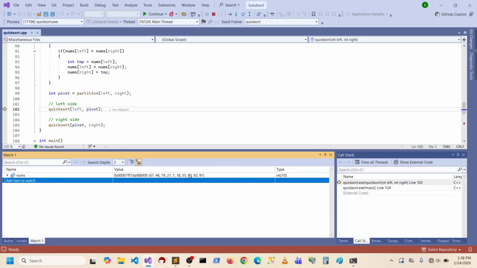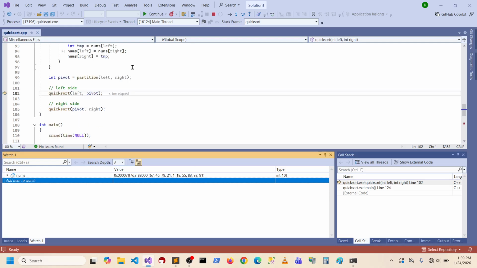Pivot's here. See, here's the thing. Everything over here is greater than that. But when we do the right side, this should get caught in this code here.